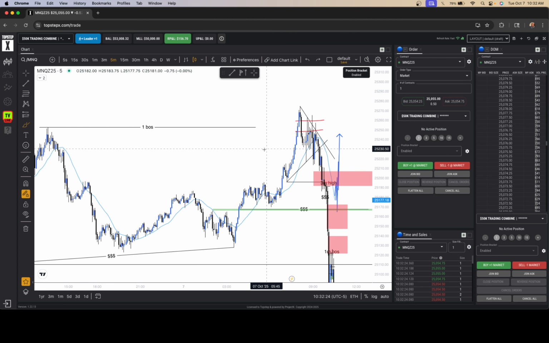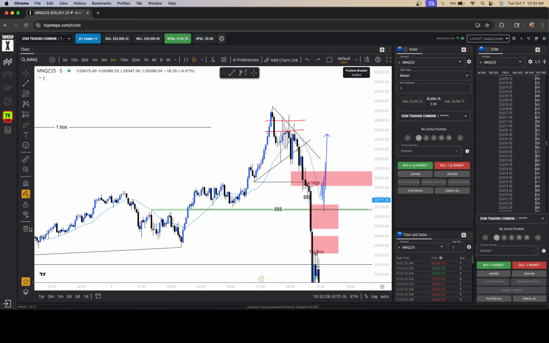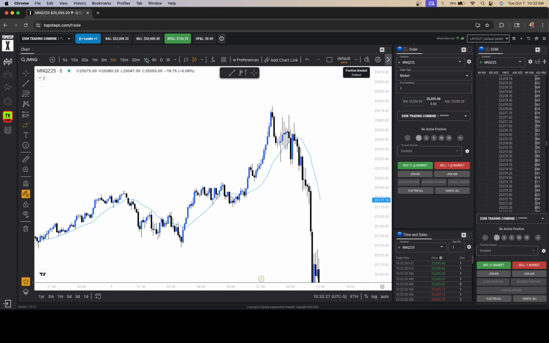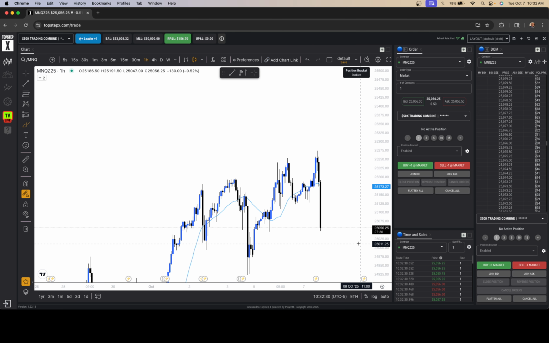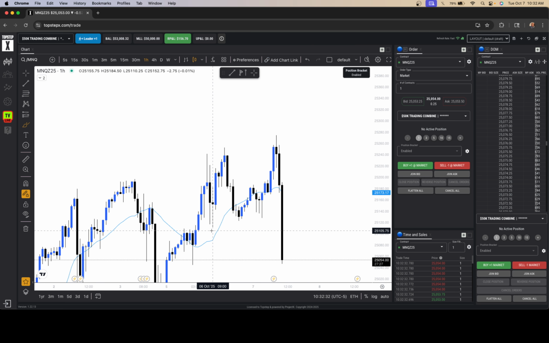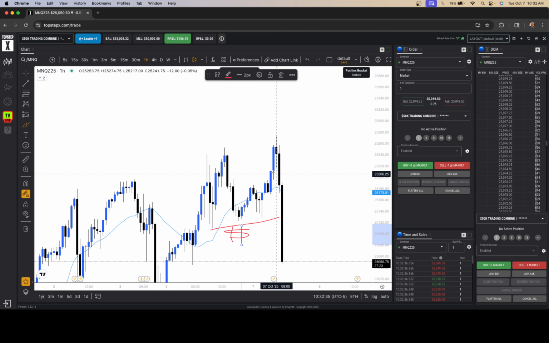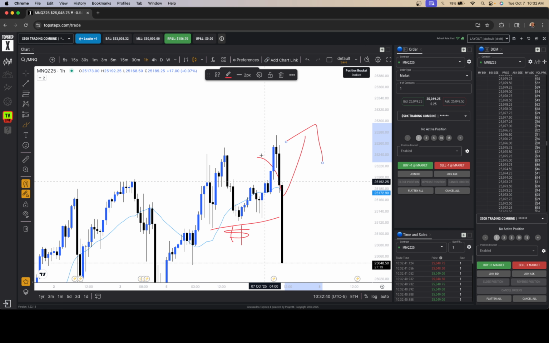Now, I did want to see buys coming into today, but that just goes to show you cannot hold on to your bias, especially something like this. You have equal lows sitting down here. This is a red flag for price to come up and then continue to the highs.